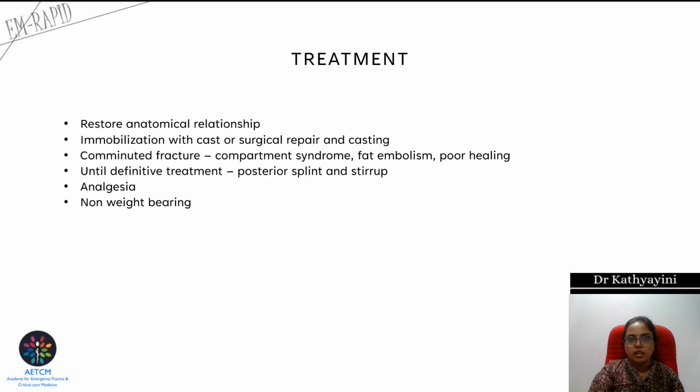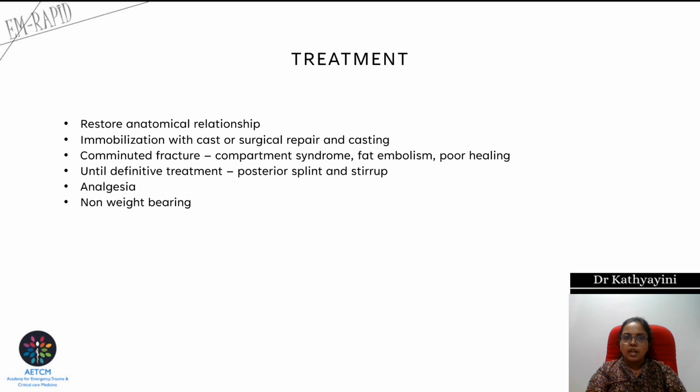So treatment, like any other region's fractures, we have to restore the anatomical relationship. If it is not displaced, we can go for immobilization with a cast, and if required, we can go for surgical repair and casting. If it is a comminuted fracture, there is a chance of complications like compartment syndrome, fat embolism, and poor healing.